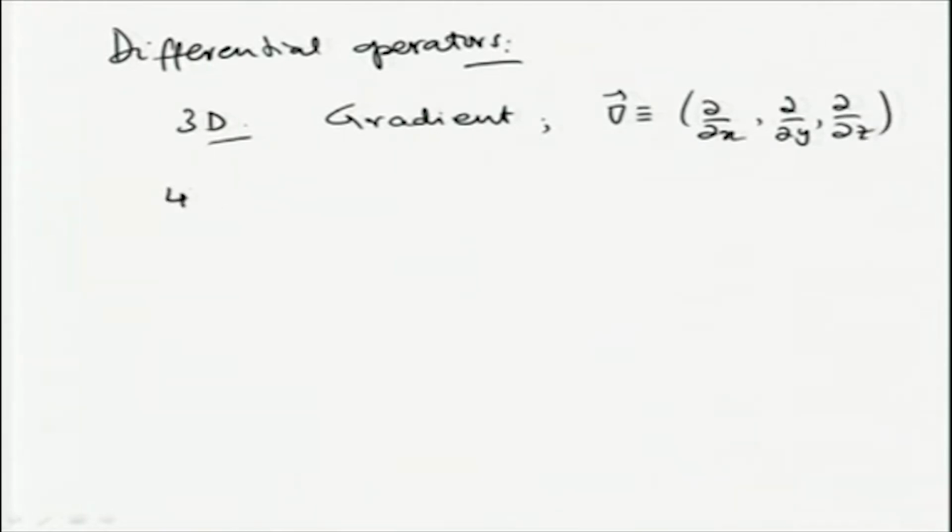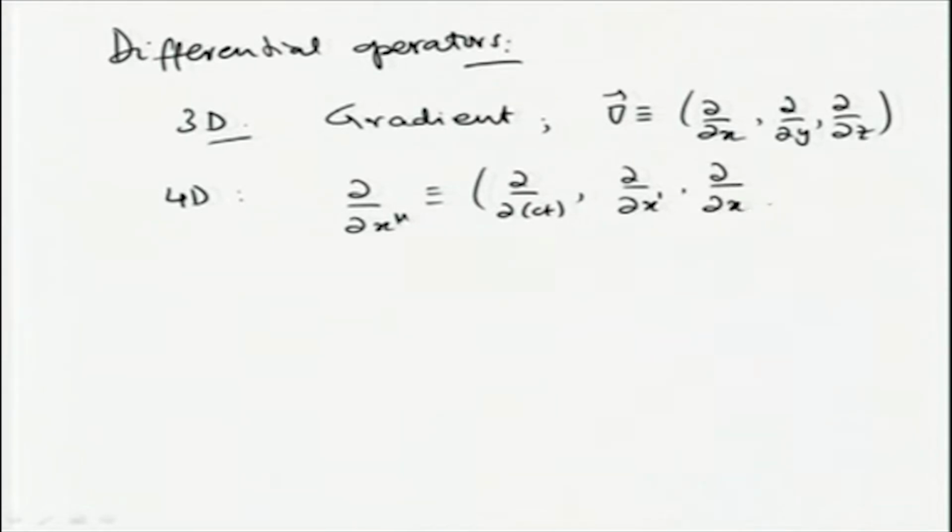The 4 dimensional generalization of this can be written as ∂/∂x^μ, which is ∂/∂ct, our zeroth component, and ∂/∂x, ∂/∂y, ∂/∂z. Or I can write it in a way which separates the time component and the spatial component written as the gradient.